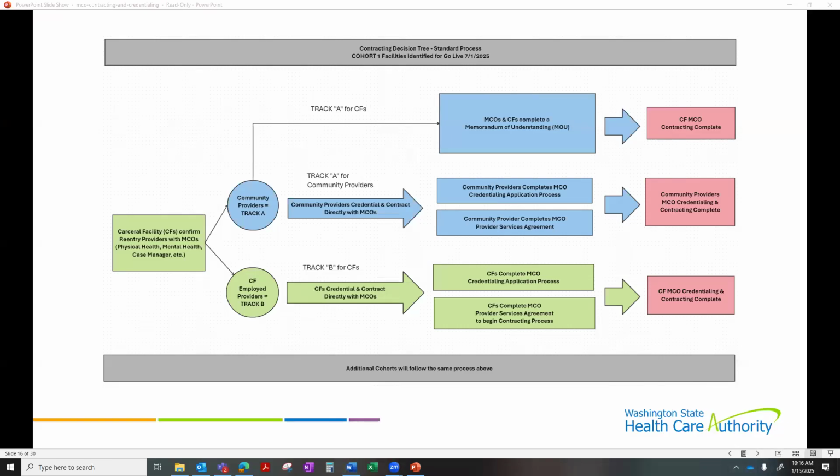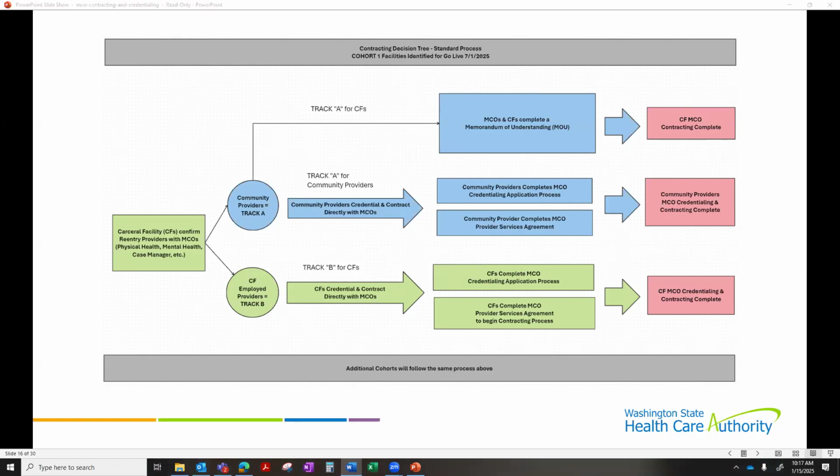Once these steps are completed, the community providers would be fully credentialed and contracted with the MCO. I do want to call out a little bit of a caveat here: if a community provider is already contracted with the MCO, an update to their existing contract may be needed to align with the requirements for this process. This is something we will assess in our discussions with each provider.